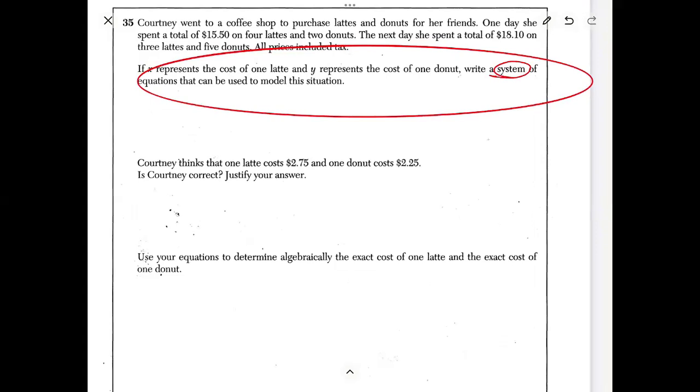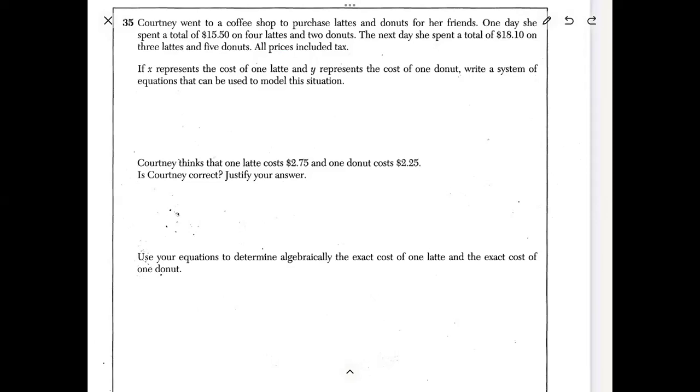I've never seen where they use quadratics in the linear. A system is basically just two or more equations. But when we're talking algebra, it's usually two linear equations.